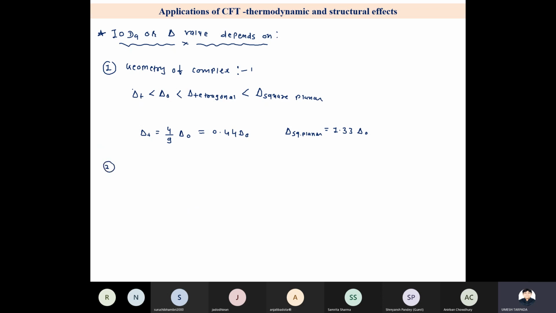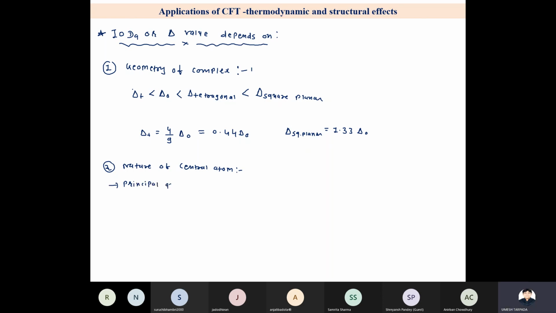Second factor is it is depending on nature of ligand. Crystal field stabilization energy is depending on nature of ligand and nature of central atom also. So first write down the nature of central atom, that you have already told, atomic number and all these things. Here you can look at the principal quantum number first.